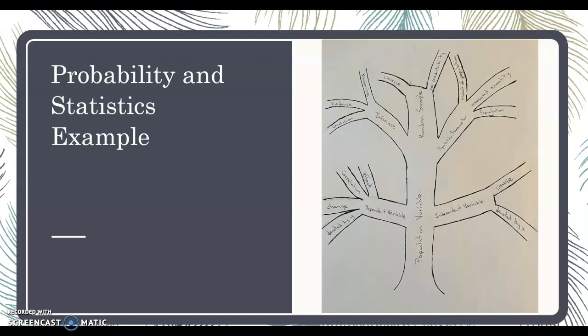For example, a dependent variable is denoted by y. It changes with the independent variable. It correlates to the independent variable, and it is the effect side of the cause and effect of the independent and dependent variable. So here's just one example we could use in a math classroom that would help students use a vocab tree.